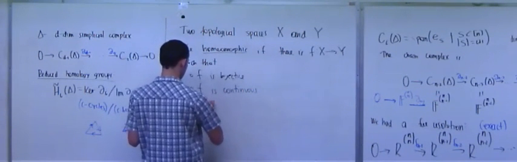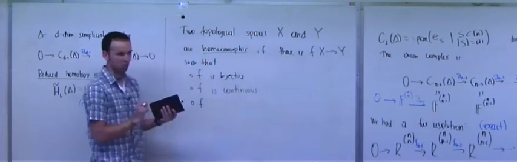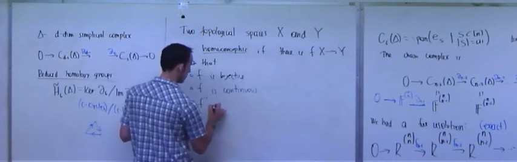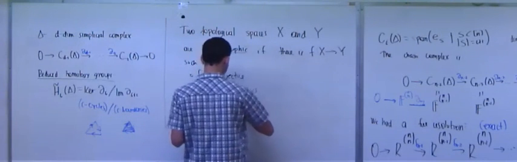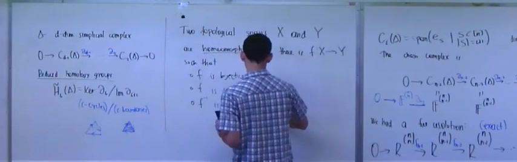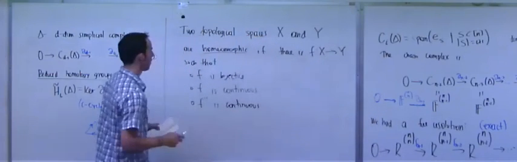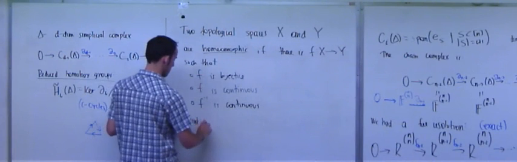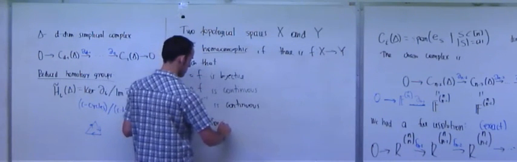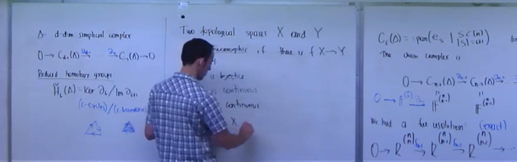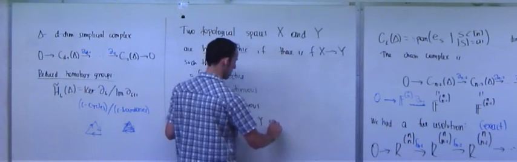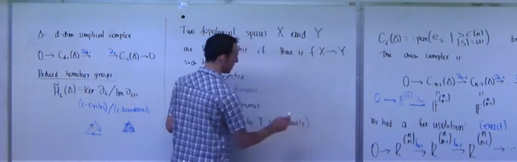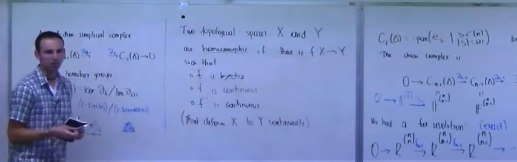And also, if a function is bijective, that means that it has an inverse, right? And the inverse should also be continuous. Okay. So what you should think is that you're deforming X into Y continuously. So this is what we have in mind when we say take a donut and make it a coffee mug, right?